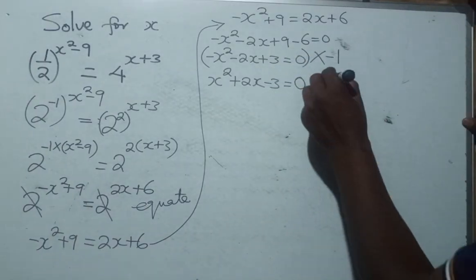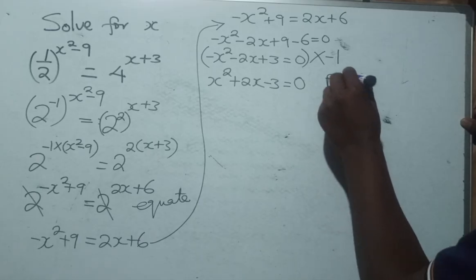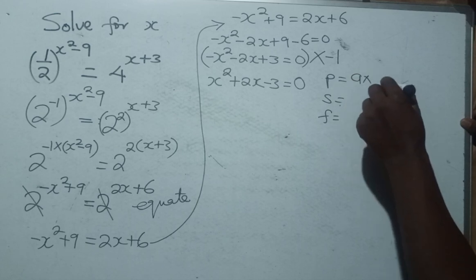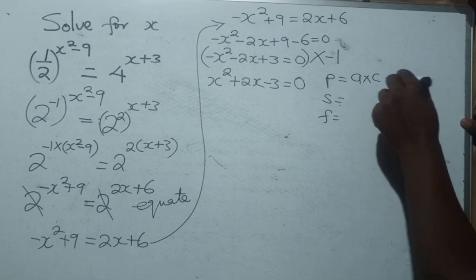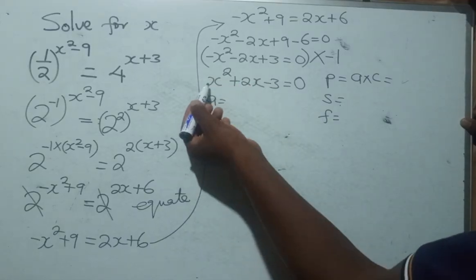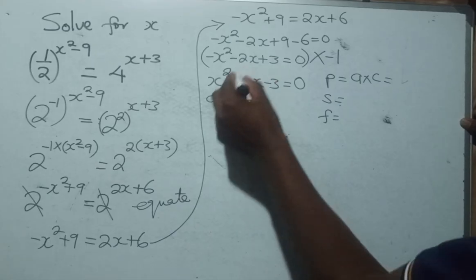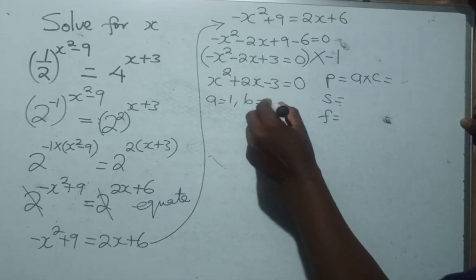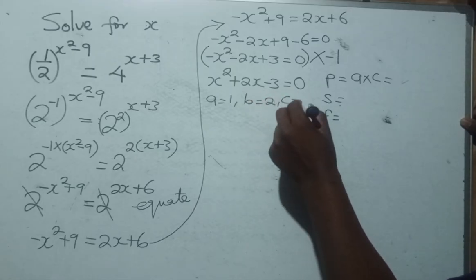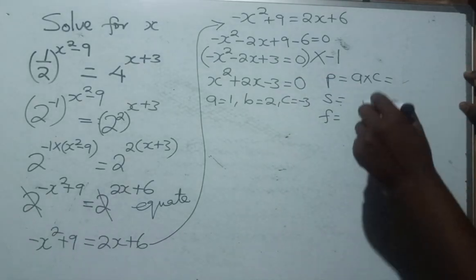After we are done with this, we now look for the product, sum, and the factors. How do we find the product? We multiply the value of a times c. In this case, which one is our a? Our a is the coefficient of x², which is 1. Our b is the coefficient of x, which is positive 2. And our c is the constant number, which is −3.